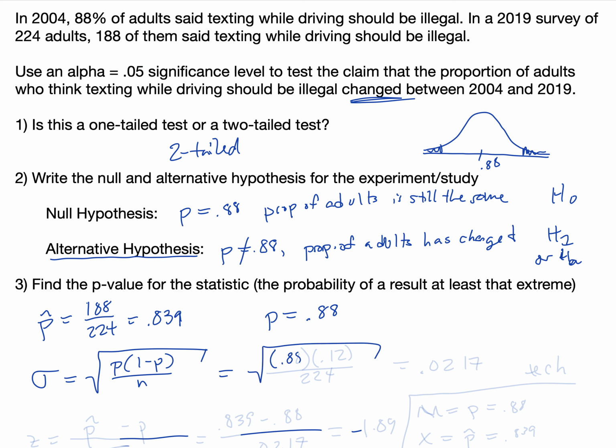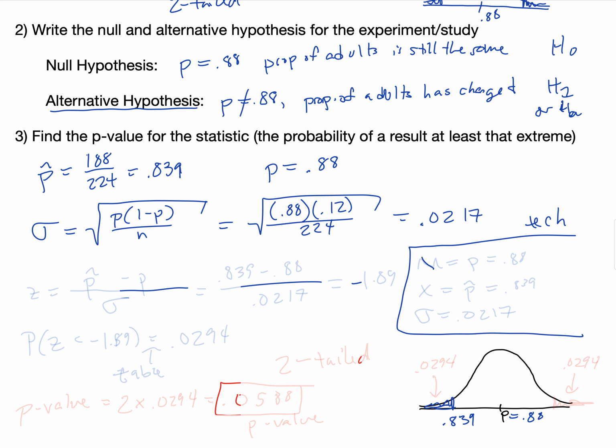So p is 0.88, 1 minus p is 0.12, divided by the sample size, 224, and when we calculate that out, we will get 0.0217. So that's our standard deviation. And again, if you're using technology at this point, you could essentially almost stop calculating there by saying that your mean for this distribution is the expected proportion, 0.88.